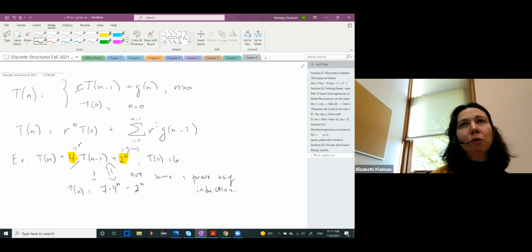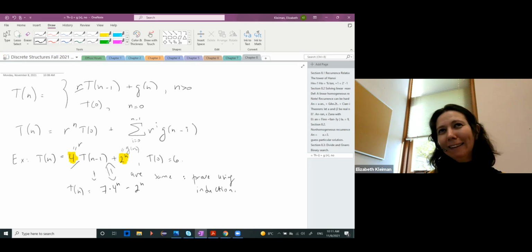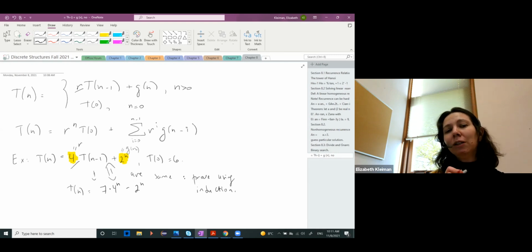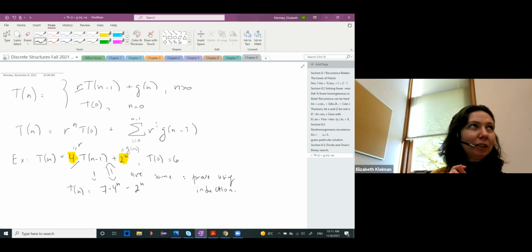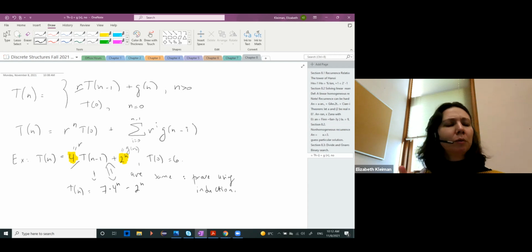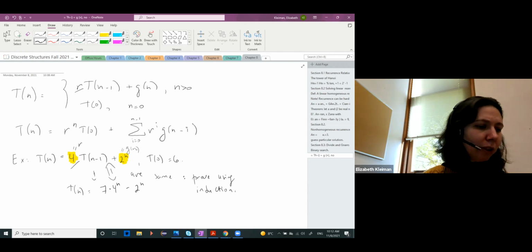Merge sort, which I'm sure many of you heard about before, and if you didn't, you're going to hear about it in data structures and probably CS1 and then algorithm analysis, and you're going to do it again. Merge sort is going to be, yes, 2T(n/2) plus 2 formula.